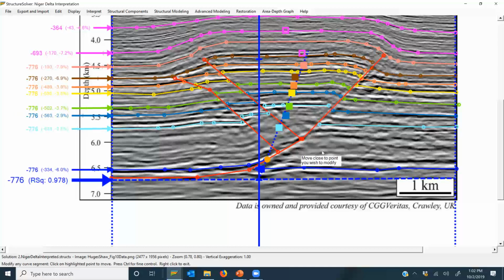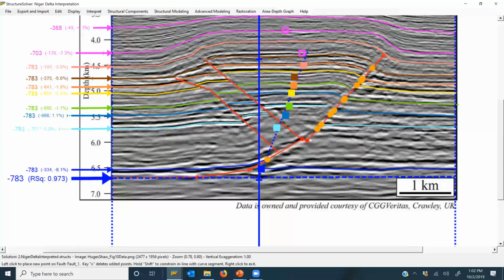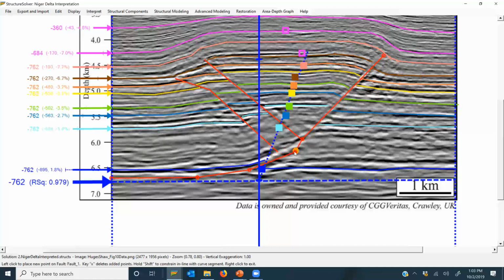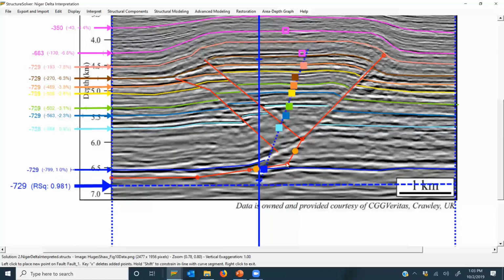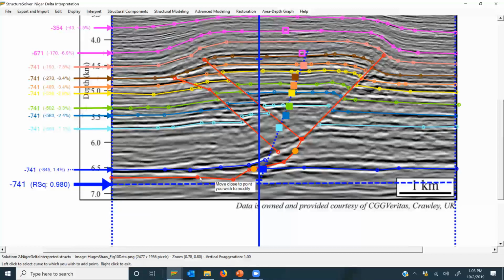So this one's pretty well constrained at this point by where those horizons are, but you can see that as I change the geometry of the fault, we may get a different computed detachment depth. So in this case, the computed detachment down here is shown by that dashed line.